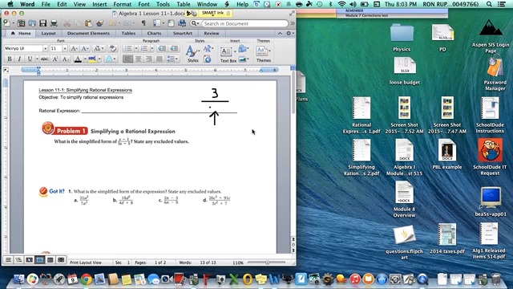I want you to think about it. Hopefully you recall that any fraction can exist so long as 0 is not in the denominator. If you remember, that equals undefined.